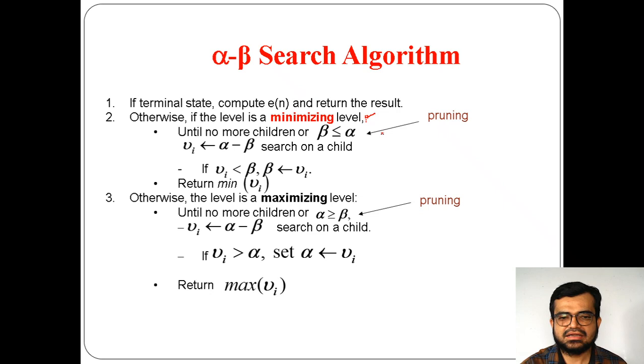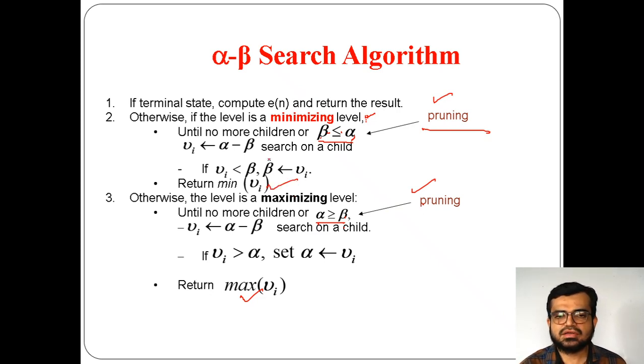Whenever on the beta side, if beta is less than or equal to alpha, or if alpha is greater than or equal to beta, then we perform the pruning process. If alpha is greater than beta and you prune, you will get the max value. And if beta is less than or equal to alpha, after performing pruning, it will return the minimum value.